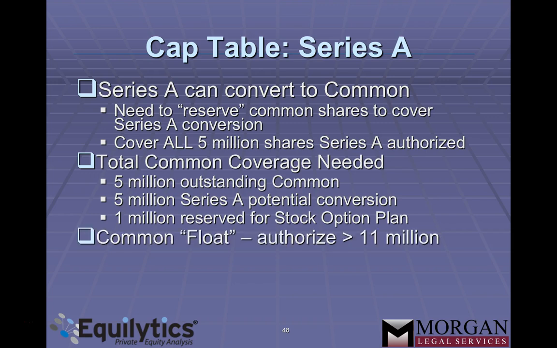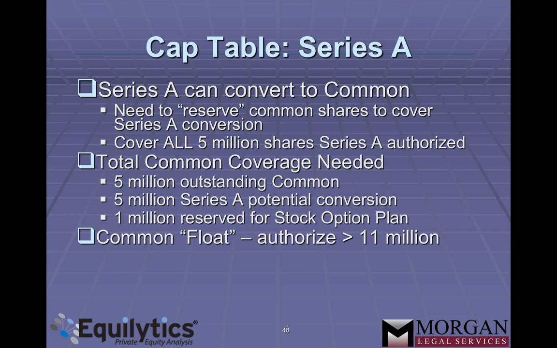But if we only authorize 11 million shares, that will leave us with nothing extra. We could not even issue a single share of common. Everything's committed. And we usually like to have a little float, a little extra common floating around for issuances. Now, in the last scenario that we did, we had a total of 5 million shares that were outstanding and our 1 million shares that were reserved under the plan.